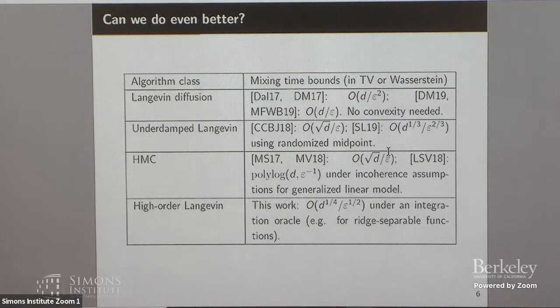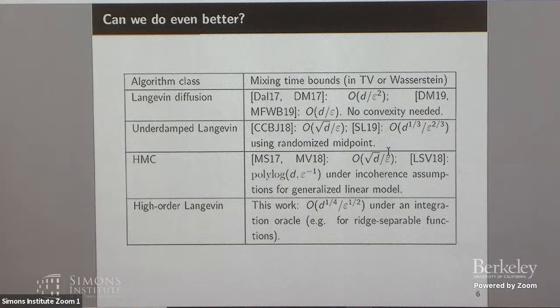For underdamped Langevin algorithm under the same set of assumptions, you can get root D dimension dependency, and there's a further improvement by Ruoqi, who is also sitting in this room, which gives you D to the 1/3. This is based on a very smart idea of taking a random midpoint instead of just the initial point or just the midpoint of the integral. But it's hard to further improve this dimension dependency along this direction.